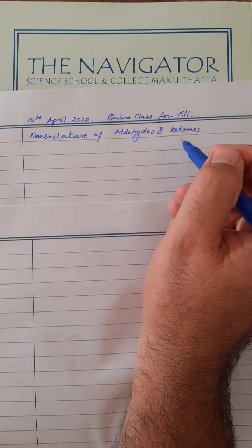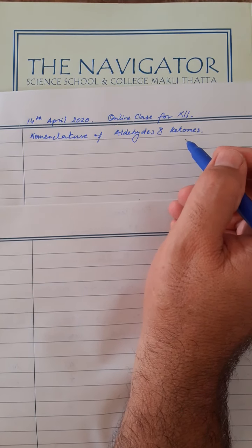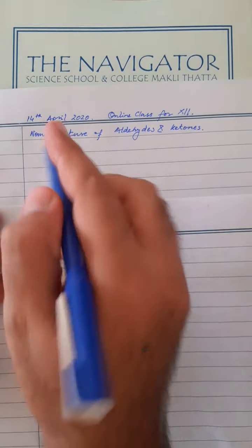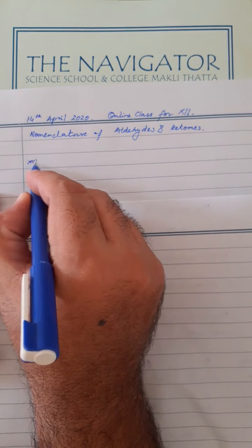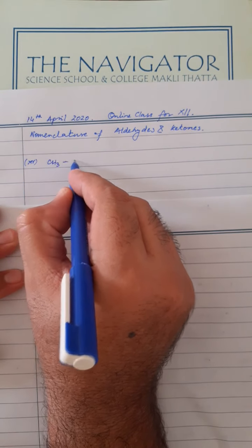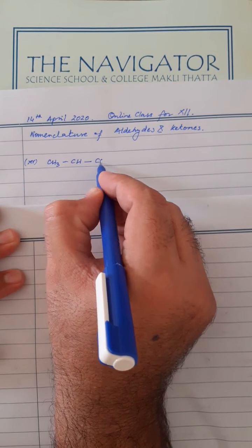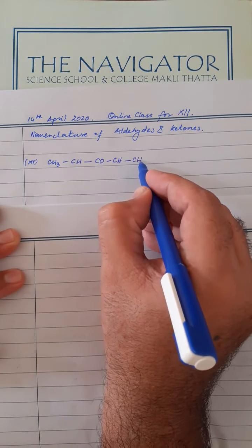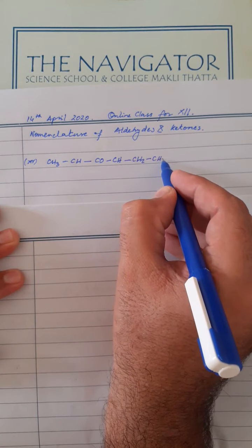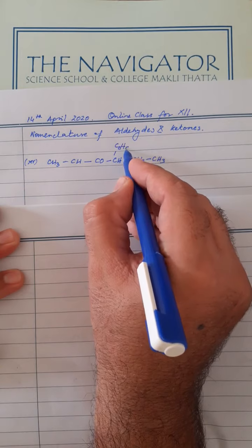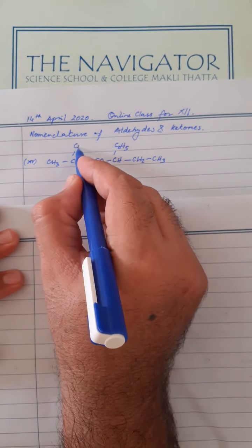So first mistake which I observed, it was in this question number 15th, which is CH3, CH, CO, CH, CH2, CH3, and C2H5, and here was CH3.